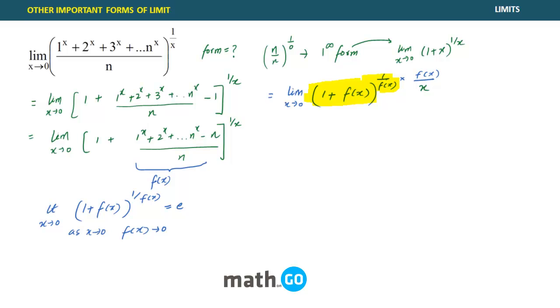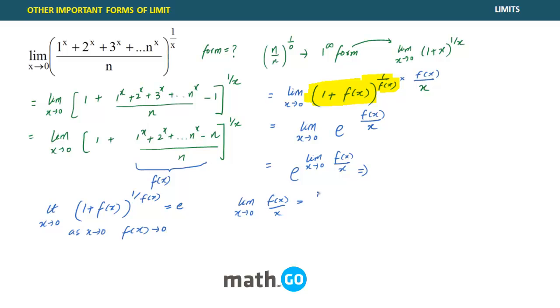This will be nothing but e, right? And you will be left with e raised to power f(x) by x. Since the base is a constant, need not worry. So the limit will actually get involved in the power, right? This is how you will see this question. So now let's see how to solve this particular step over here. Now we are just focusing on, in fact, we will try and solve only this.